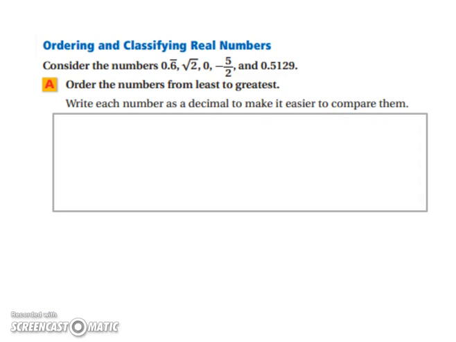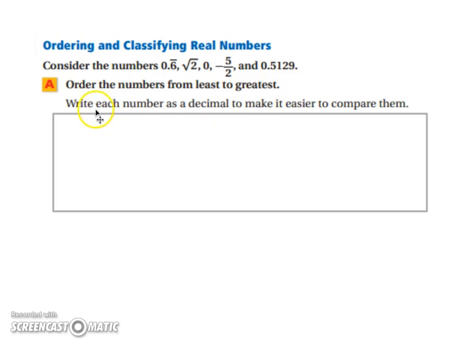Let's start by ordering and classifying real numbers. So consider the numbers 0.6 repeating, the square root of 2, 0, negative 5 divided by 2, and 0.5129. We're going to order the numbers from least to greatest.